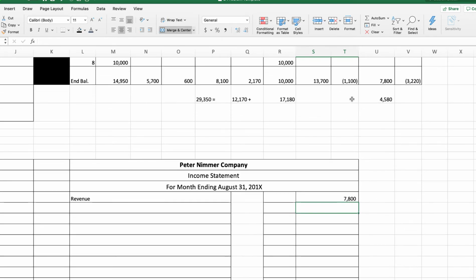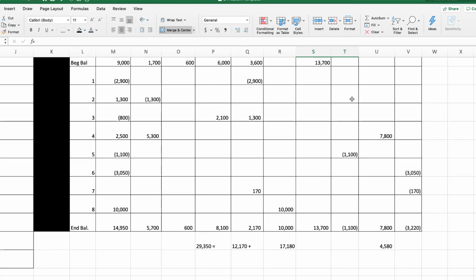Now the next thing I need to do is list out my expenses. We didn't specify which expenses we have, so I need to go back through my list of transactions on the problem paper, and look at number 6 and number 7.